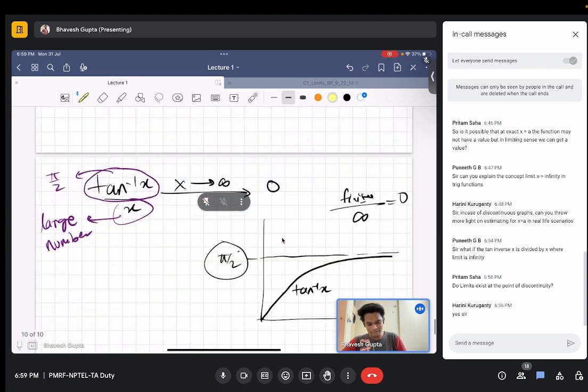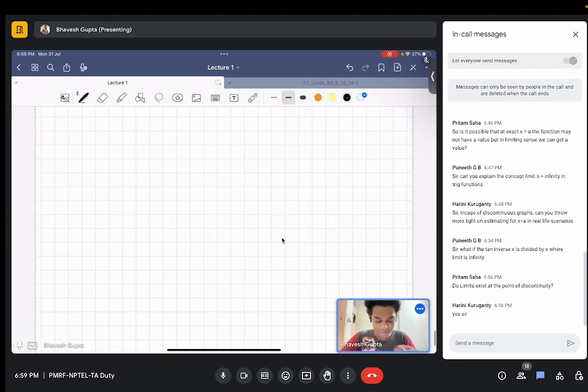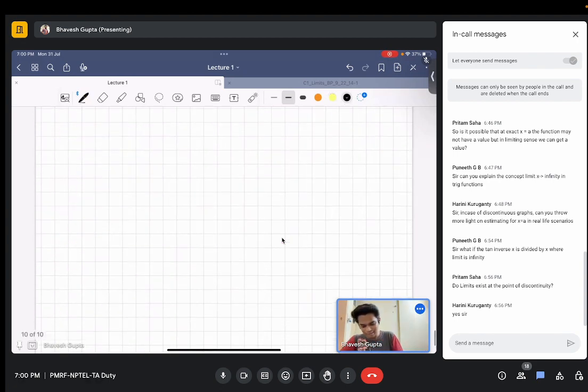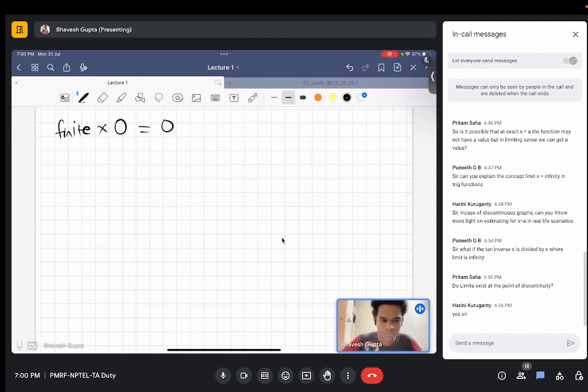One more important thing I just need to clear, because this is very important. Let's say you have some finite number, and if you multiply this with 0, you will get 0. And let's say you have 0, if you multiply with another 0, you will get 0. We have no disagreement on this.